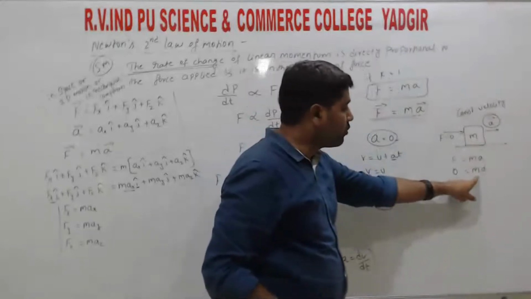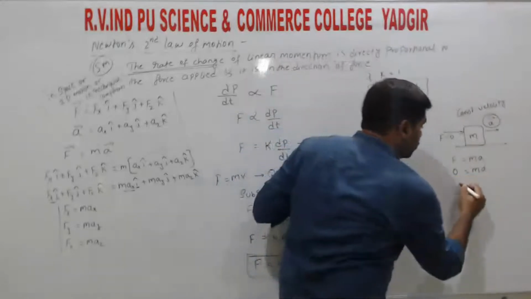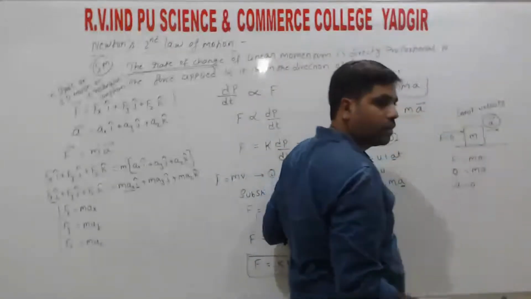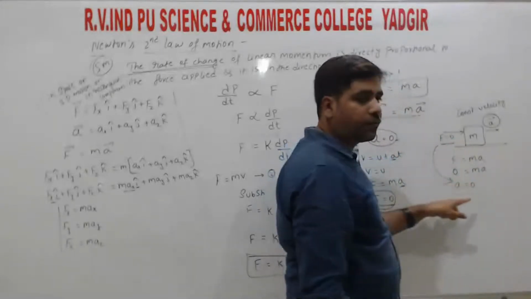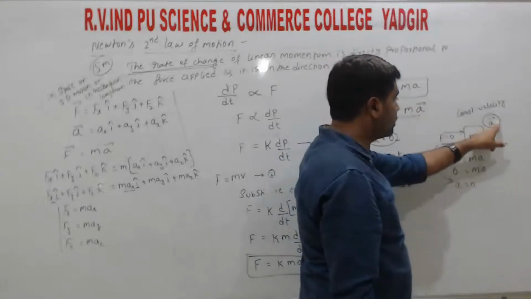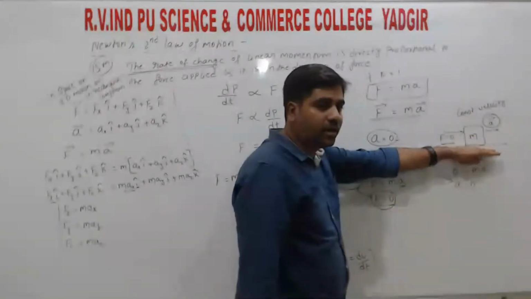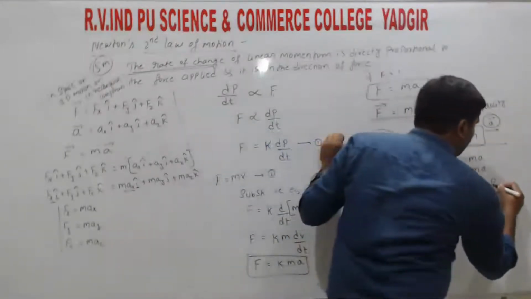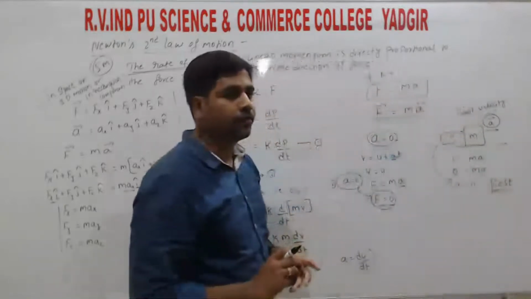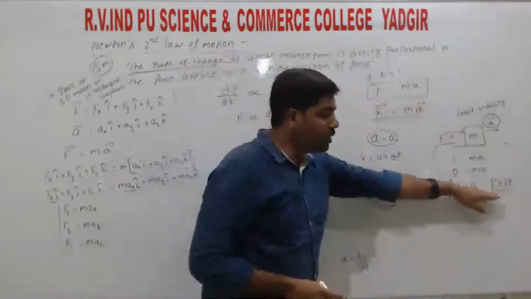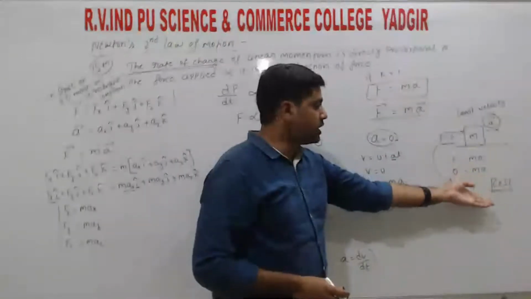So m is not equal to 0, then a = 0. So when force is 0, the acceleration of the object is 0. Acceleration being 0, what does the object tell us? The object is at rest, right? So conversely, we stated this in the first law of motion.